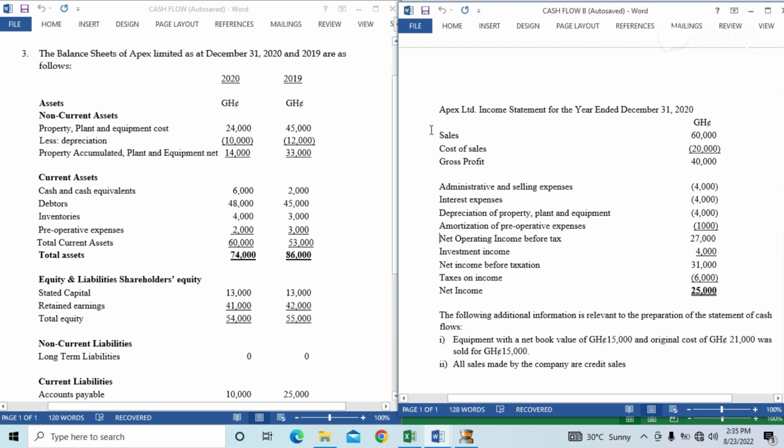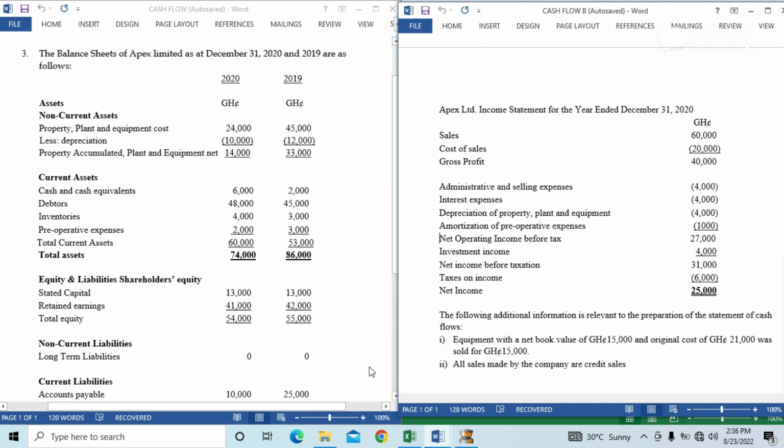So here in the income statement at the right here, we see sales is 60,000. So when we move to the balance sheet, we will see debtors under current assets here. So for 2019, the amount was 45,000, and for 2020, the amount is 48,000.